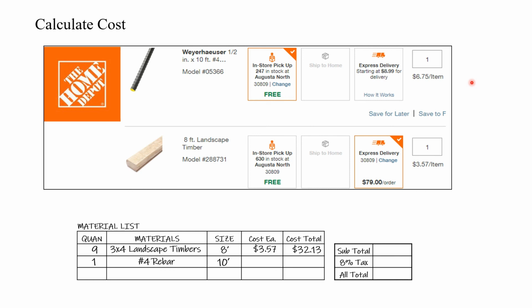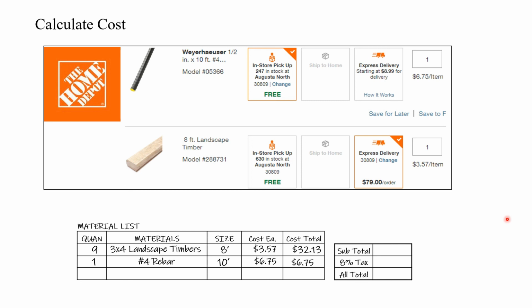For our rebar, each piece was $6.75. So we'll plug that under the cost for each. We had one stick, so that'll be 1 times $6.75. That's $6.75.